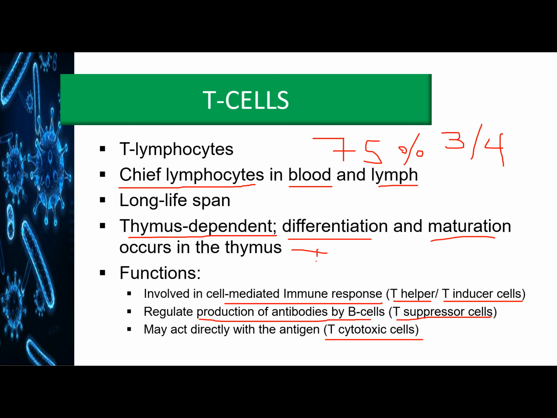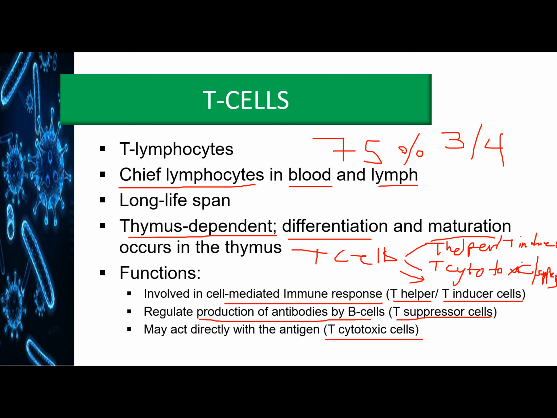So take note, class, when it comes to your T cells, there are two types: the T helper and the T cytotoxic. In some books there are three, but let's just use the two. It's either T cytotoxic or suppressor. You could also use the three if you want, but do take note that your T helper is also known as your T inducer.